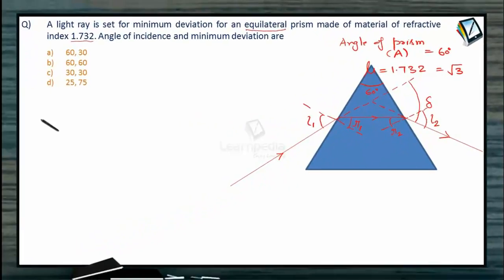Okay, so for minimum deviation, the condition is I1 equal to I2. Let us say it to be I, and since I1 and I2 are equal, then according to Snell's law, R1 and R2 have to be equal.